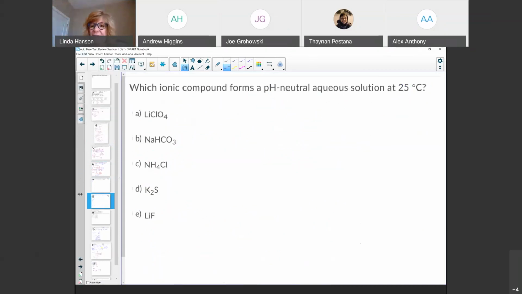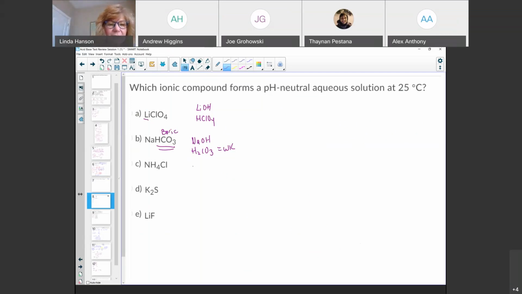Yeah, so if it's a weak base, it'll make the solution acidic, and vice versa for weak acid, yes. So for instance, in letter A, I go lithium hydroxide, perchloric acid. Both are strong, so no effect. Here's NaOH and then H2CO3. This is weak. Since it's in the second position, I know it will make the solution basic.